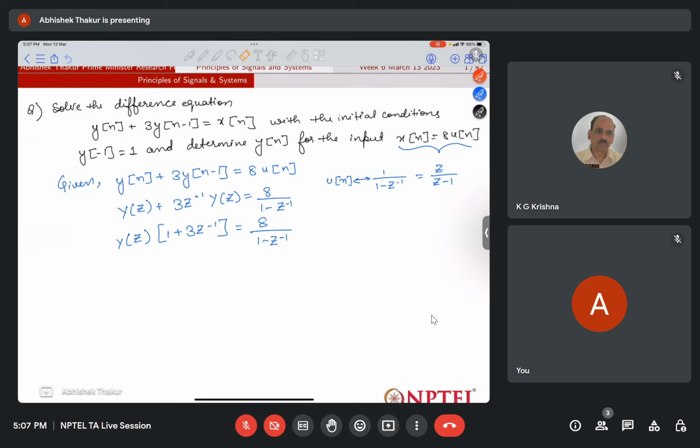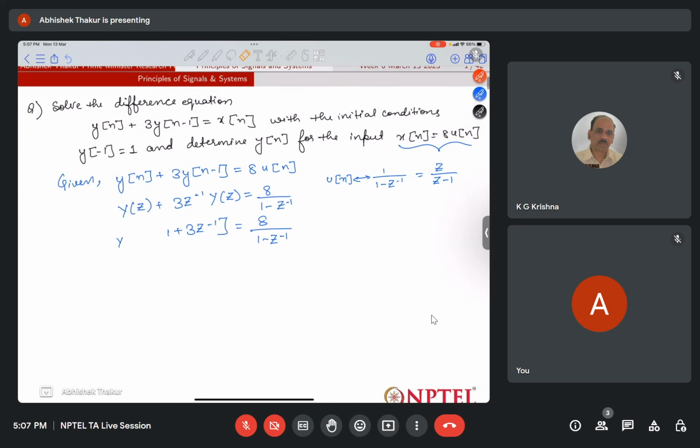In this case, this difference equation will not be the same as the previous case for the unilateral transform, as we have discussed in the Laplace transform also.